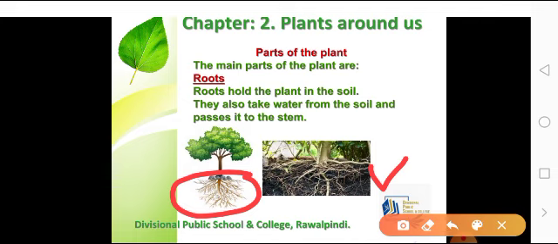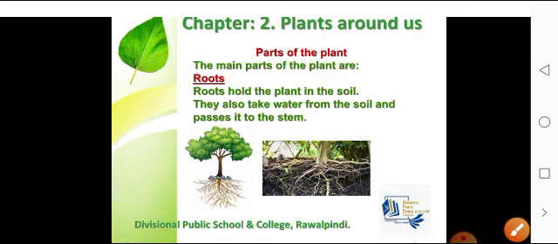When we give water to the plant, these roots absorb the water, and they work like a water pipe. Roots take the water and give it to all the parts of the plant, like branches, leaves and everywhere. So roots are also a very important part of the plant.